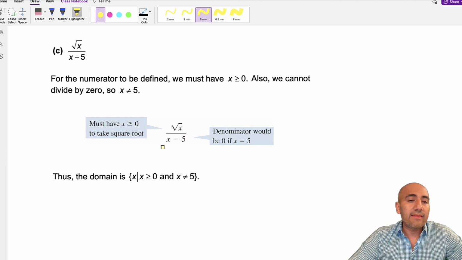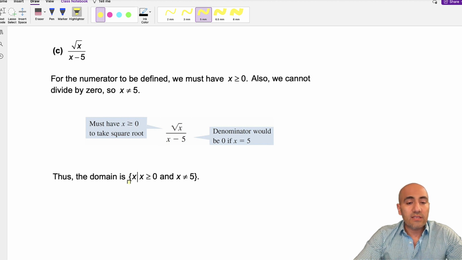Good. And in the denominator, we're not allowed to divide by 0, so x is not allowed to be 5. And so that becomes our two conditions. Right? So the solution to this is the domain is all real numbers, right? Except the case where it's negative and the case where it equals 5.